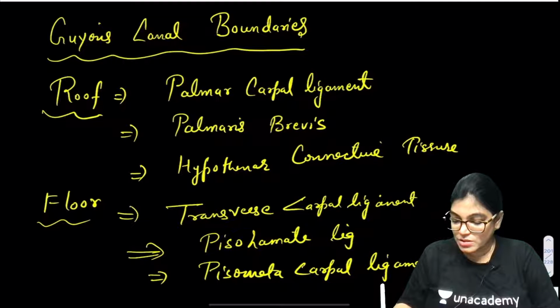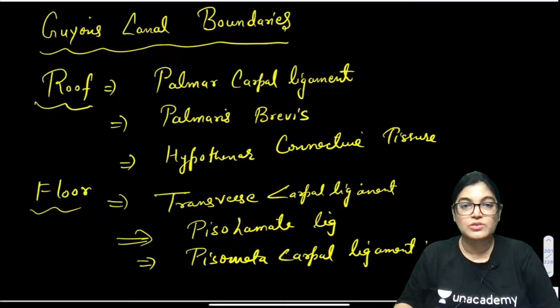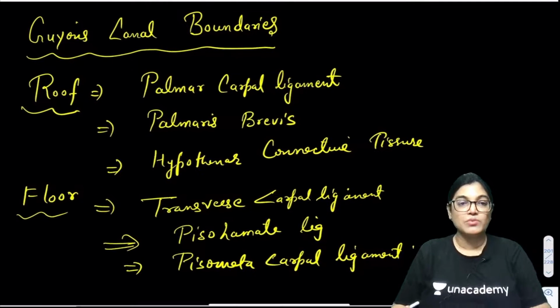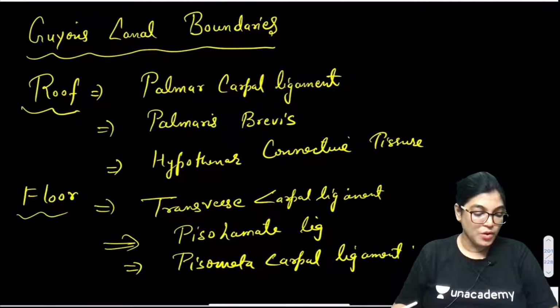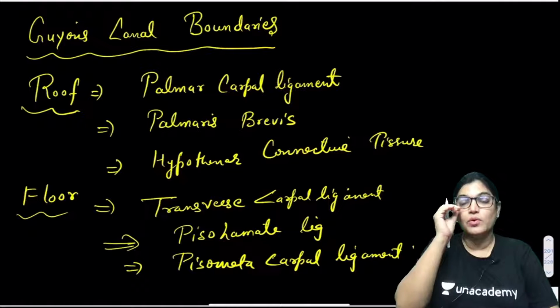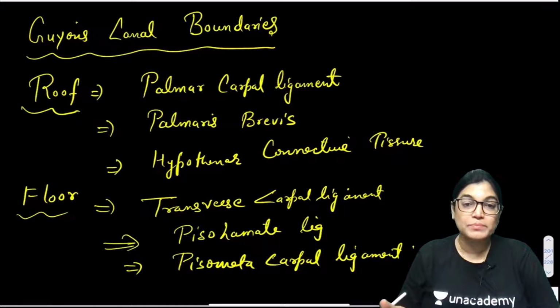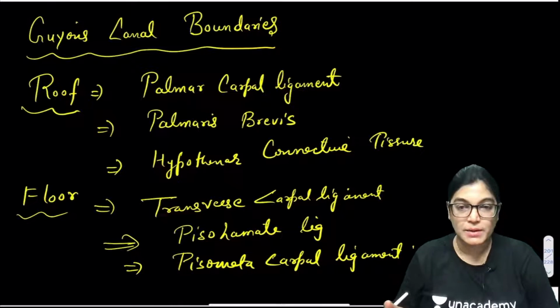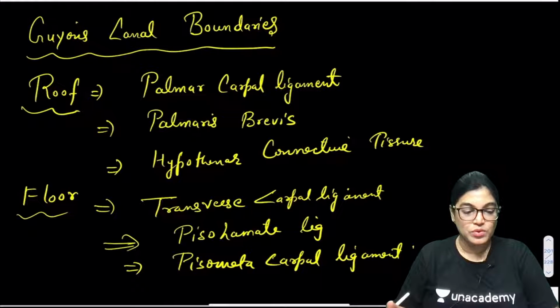So all these structures are forming the floor. To summarize, the roof is formed by palmar carpal ligament, palmaris brevis and hypothenar connective tissue, and the floor is formed by transverse carpal ligament, pisohamate ligament and pisometacarpal ligament.